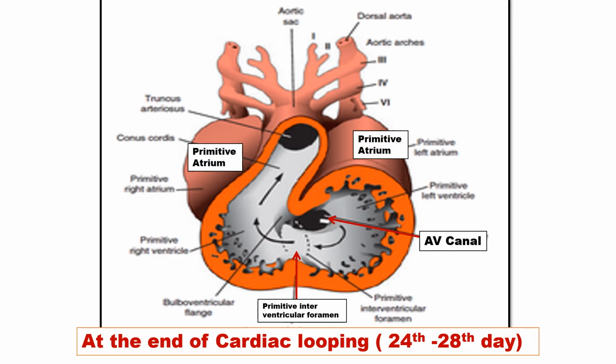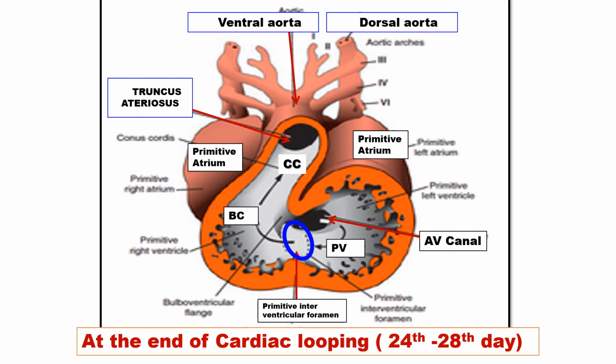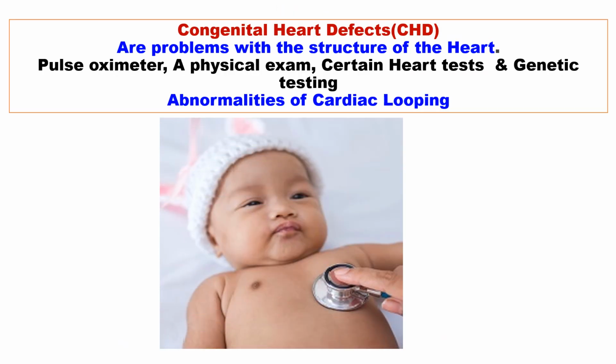To recap, blood from the primitive atrium enters the primitive ventricle via the common atrioventricular canal, then reaches the bulbus cordis through the primitive intraventricular foramen, then the conus cordis, and finally the truncus arteriosus. The blood from the ventral aorta enters the dorsal aorta by 6 pairs of aortic arch arteries.